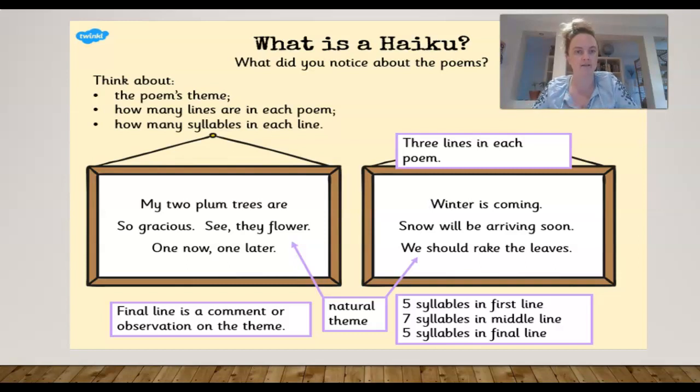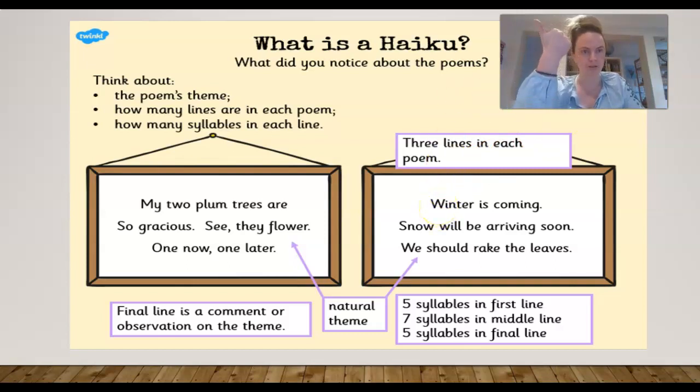Winter. It has 2 beats. Now, Mr. Field has shown me a new way this year to figure out the syllables in a word, and it's to hum it. So if we hum winter, let's see how many beats we can hum. 2. So winter has 2 syllables.